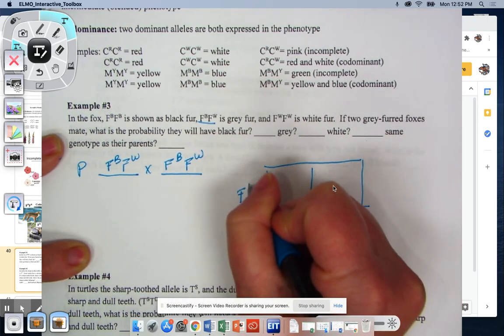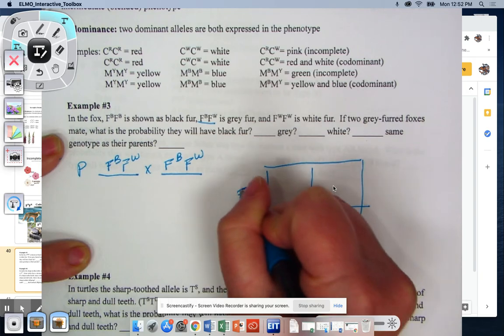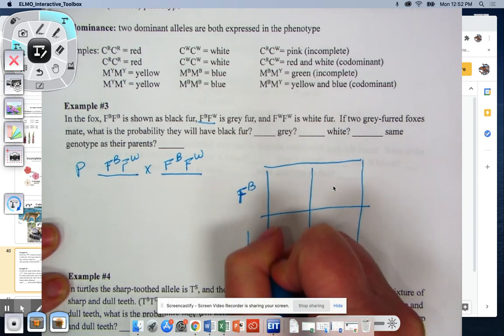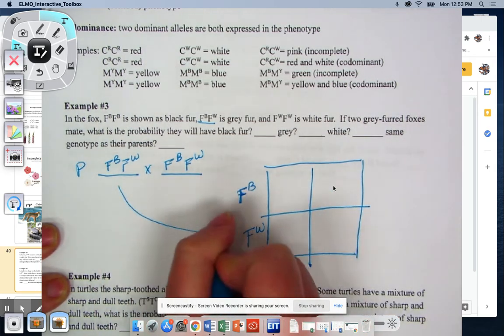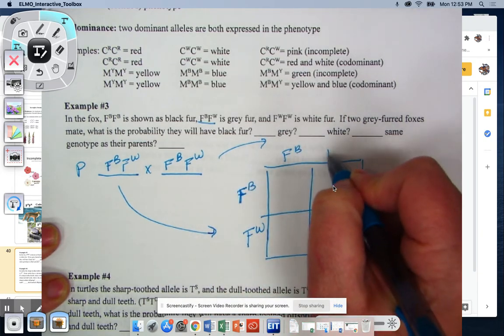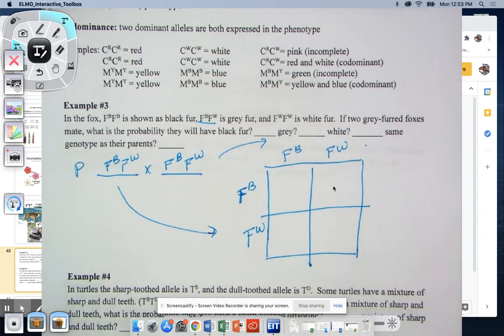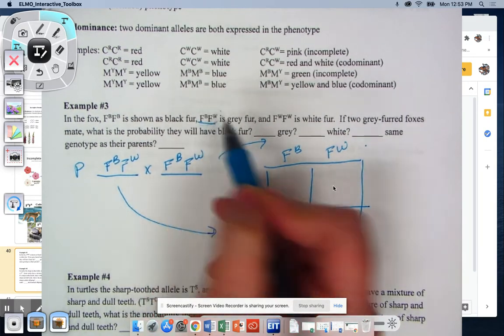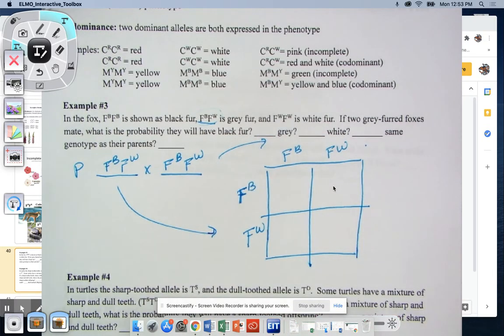And we have FB and FW. So that's one parent, right? The other parent goes on the top. FB, FW. Now you might say, what are you going to write first? I always just follow the example and the problem. So if the example and the problem is FBFW, then that's how I write it.